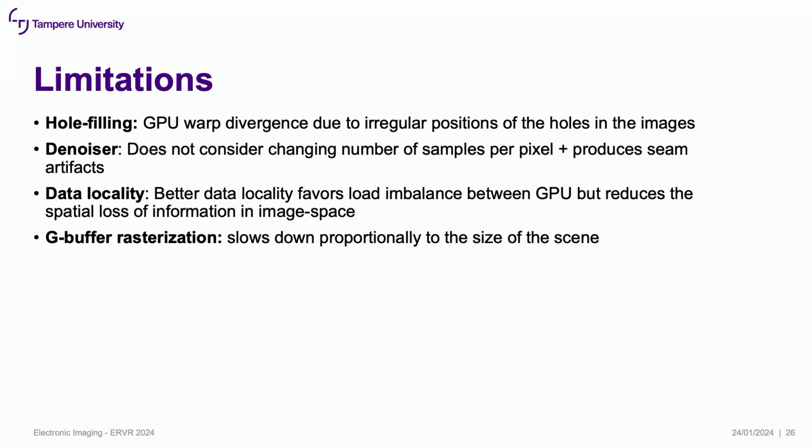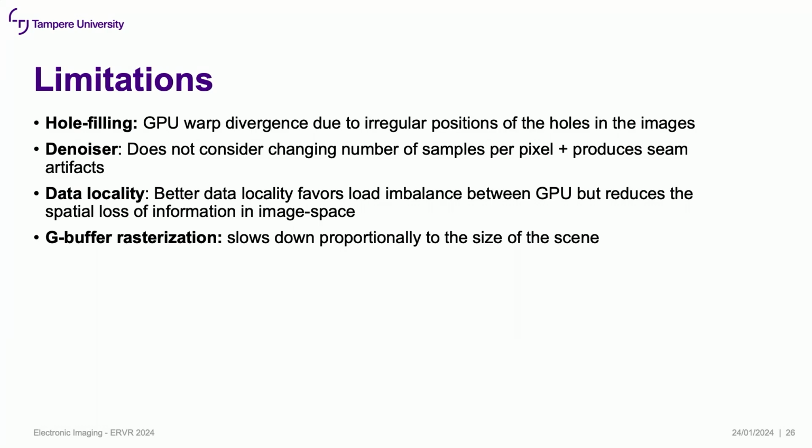We have some limitations as well in our pipeline. First, we have GPU warp divergence during the hole filling stage, because we have irregular positions of holes in the image. For the denoiser, we have seam artifacts when we denoise in parallel on multiple GPUs. Also, the denoiser cannot adapt its output depending on the number of samples per pixel.